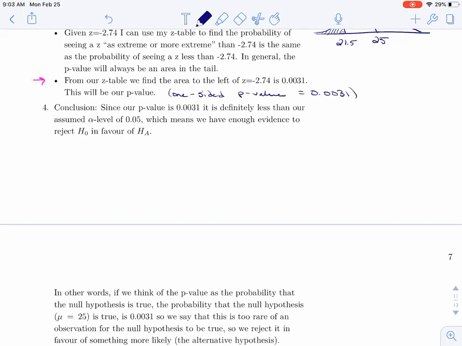I like to throw that in. If I'm assuming that the alpha level is 0.05, I like to just say that here's an assumption that I'm making. Which means we have enough evidence to reject H0 in favor of HA. This statement is exactly what I'm expecting to see, and you can just reword that.